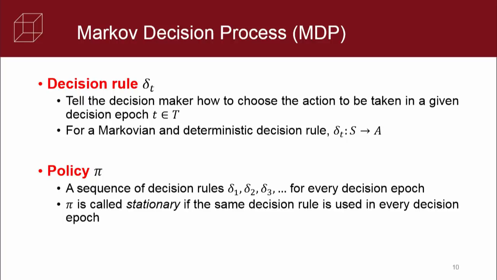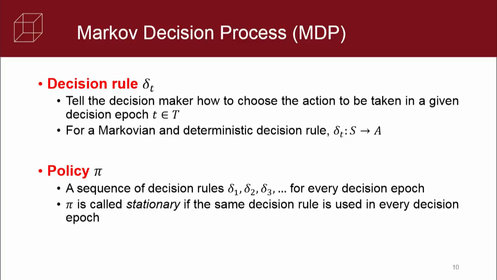All right, so given those 5 components of the Markov decision process, we can define a decision rule and a policy, like we discussed in the lecture on dynamic programming.